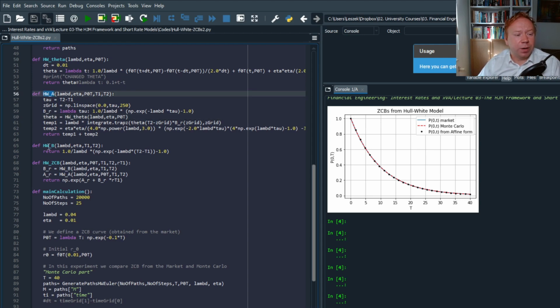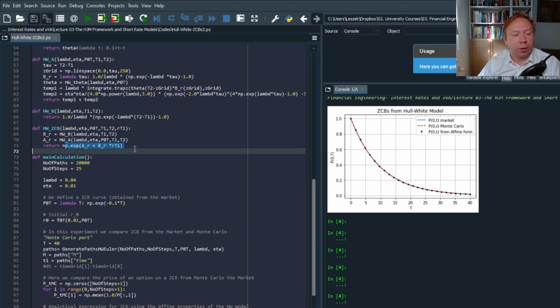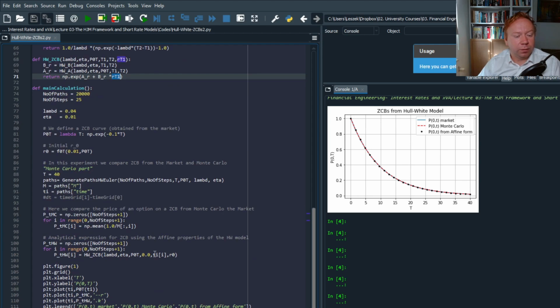So we have A, we have B, and we just put them into the expression for the zero coupon bond. The zero coupon bond under the Hull-White model is A(r) plus B(r) times R(t1), which is an input here, and this input is only R0. So we are looking from today's zero coupon bond curve.